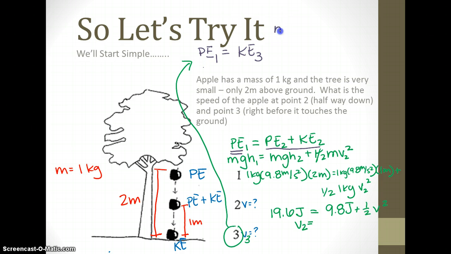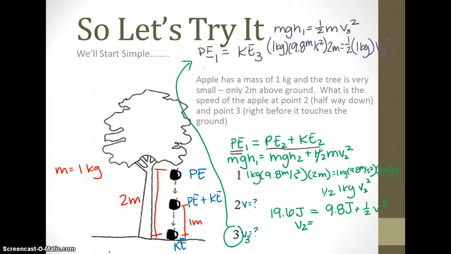So this is simply going to be mass times gravity times height at point 1 equaling 1/2 times mass times velocity at 3 squared. So this would just be my 1 kilogram times 9.8 meters per second squared times 2 meters equaling 1/2 times 1 kilogram times V3 squared. See if you can solve for that velocity.